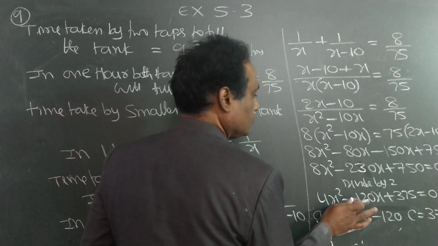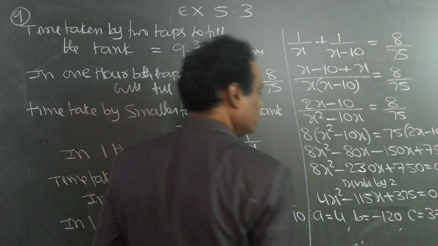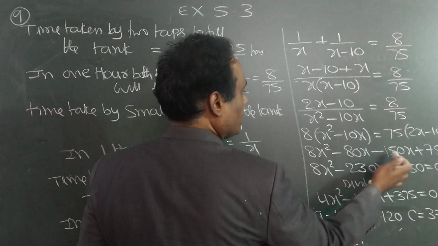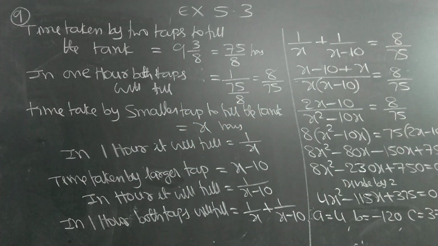Sorry, 230 by 2 is 115. Not 240. 180 plus 150 plus 80 is 230. Right.